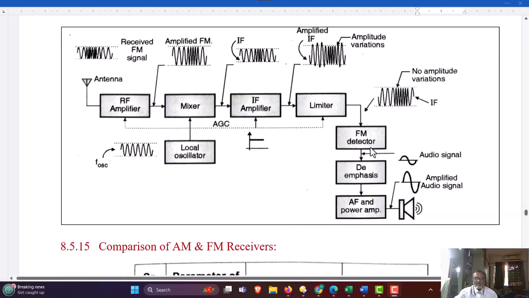This signal is then given to the FM detector, called the FM demodulator or discriminator. It will convert the change in frequency information to corresponding amplitude change. That is nothing but your modulating signal. This modulating signal will be amplified by the modulating signal amplifier and power amplifier. In case of audio, the modulating signal is an audio signal and therefore amplified by an audio power amplifier and then connected to the loudspeaker.